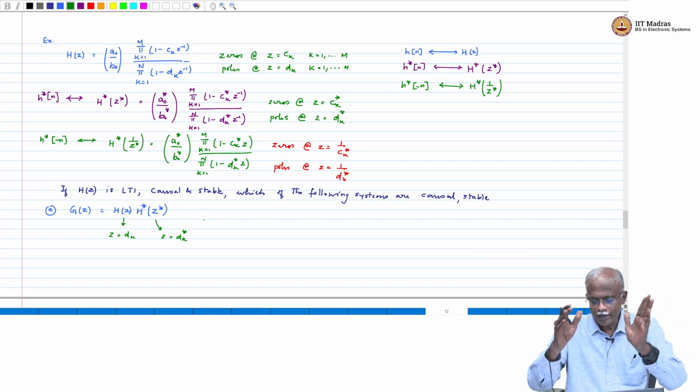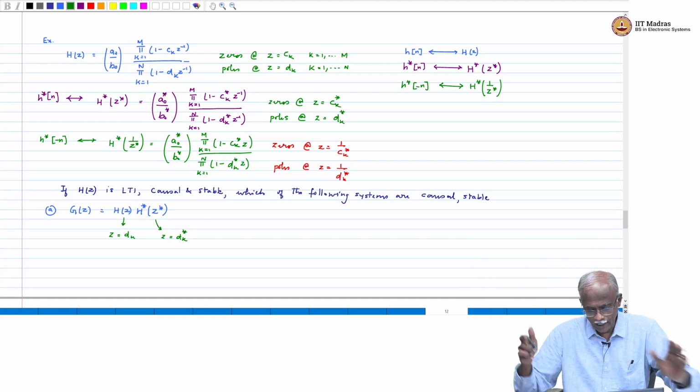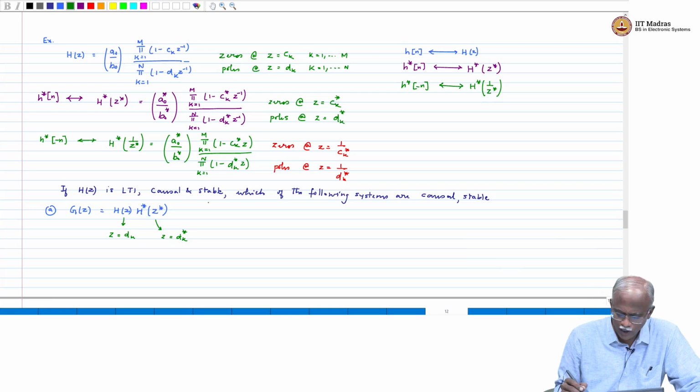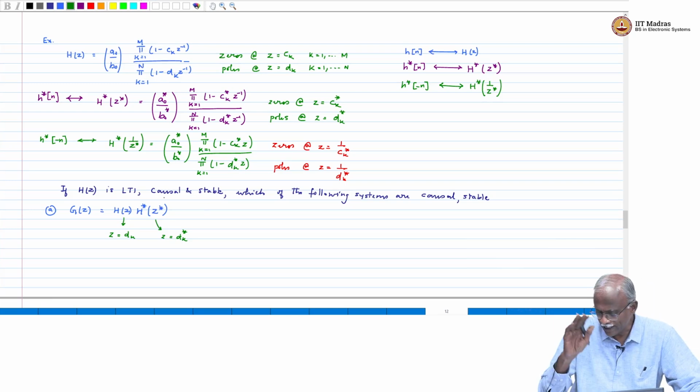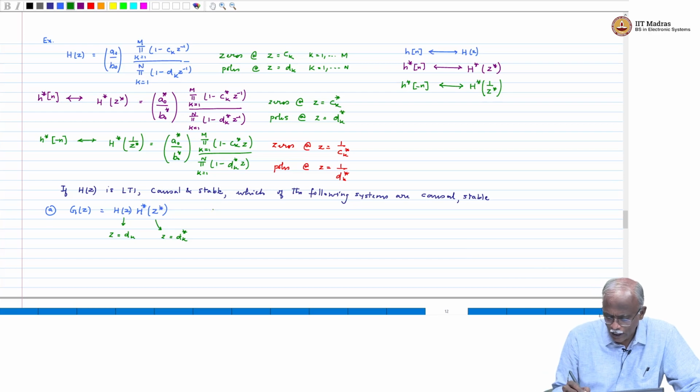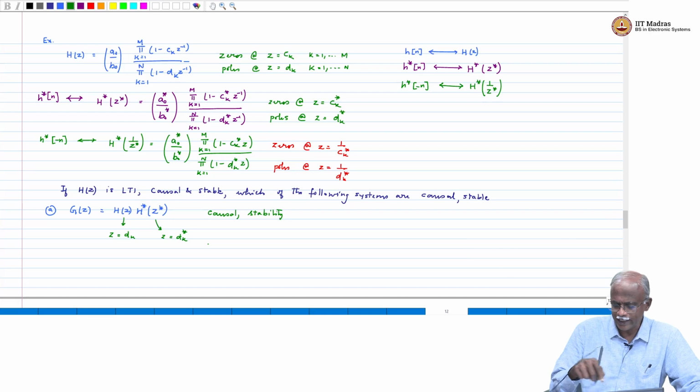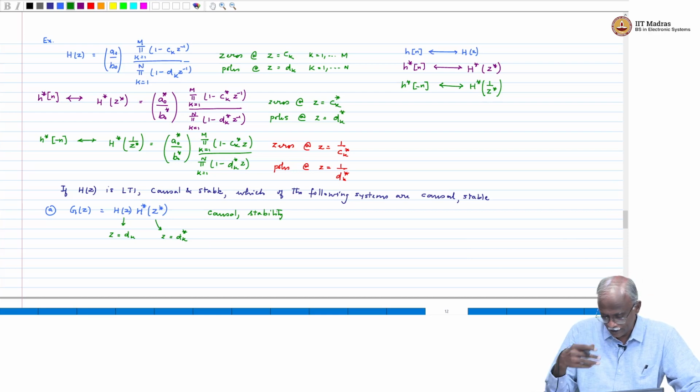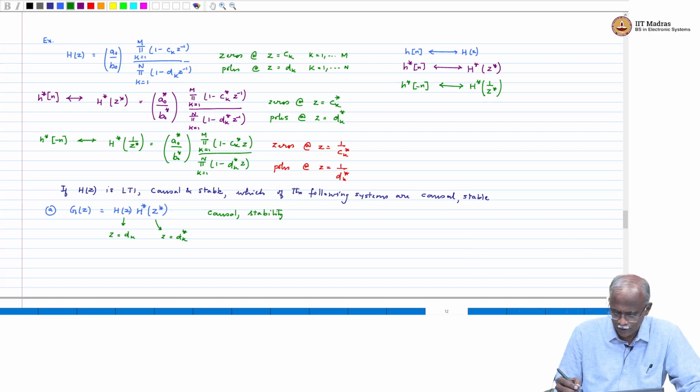So causal and stable means the ROC is greater than the radius of the largest pole. No problem, h conjugate of z conjugate will also satisfy this. So g of z will represent a causal stable system. It can satisfy the conditions for causality and stability because all the poles have the same radii as h of z, which is already given to us as causal and stable.